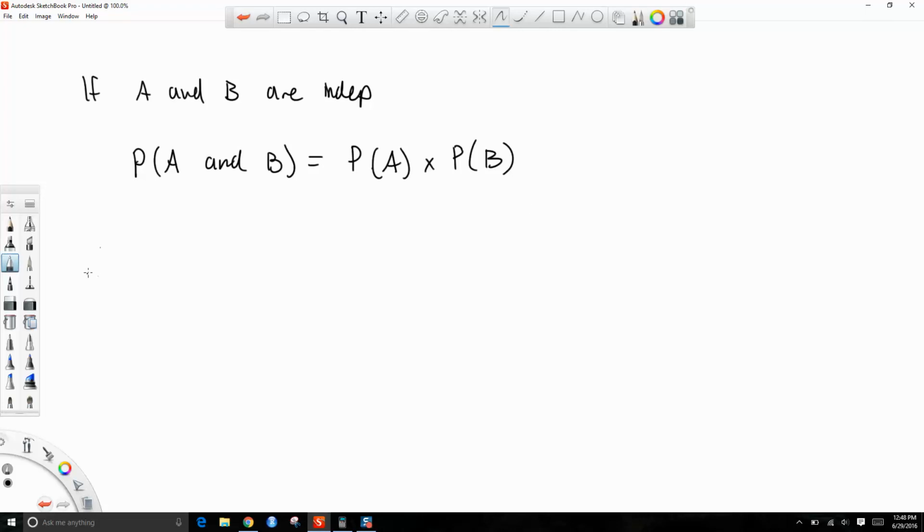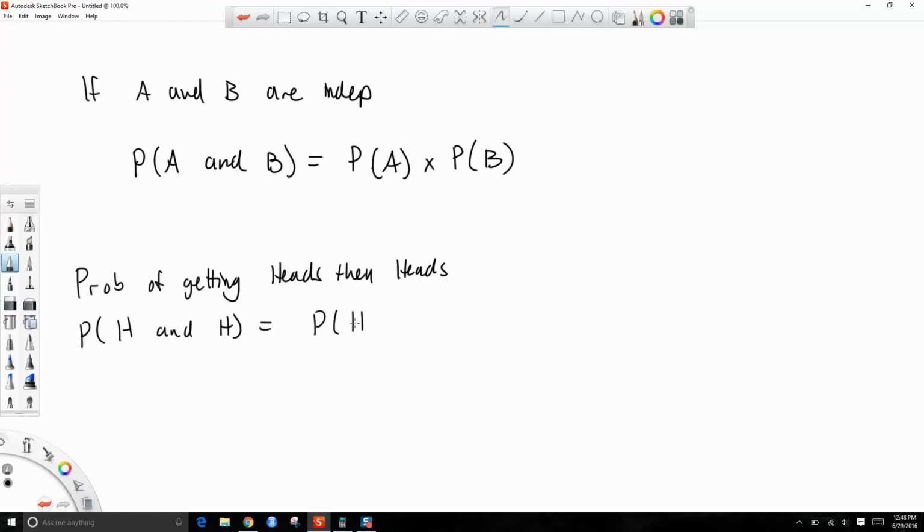So it's like the probability of getting heads, then heads. So the probability of heads on the first and heads on the second becomes the probability of heads on the first times the probability of heads on the second.